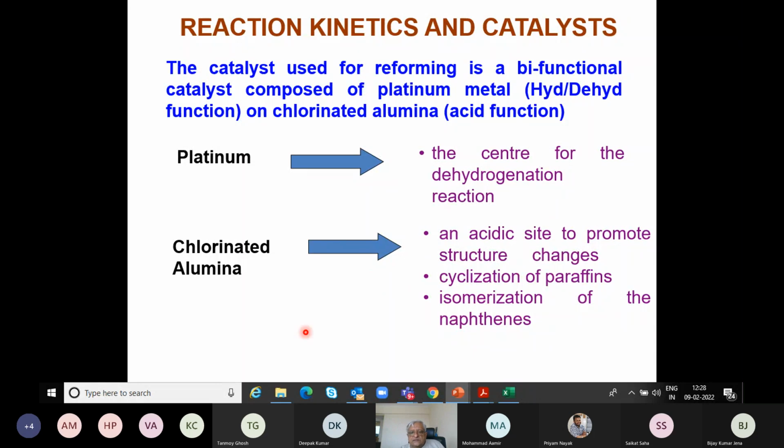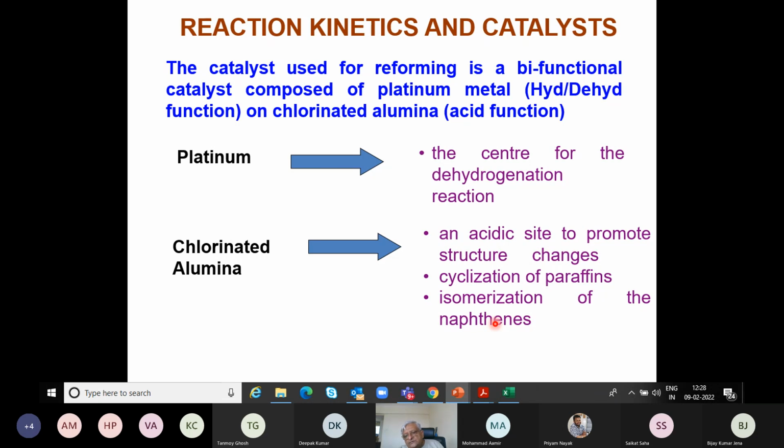So basically, the catalyst used in catalytic reforming was born from an optimum combination of two functionalities. One is the dehydrogenation function, which is promoted by the metal, in this case platinum, and then the rearrangement function, which promotes structural changes, for which you need a minimum amount of acidity in the catalyst.